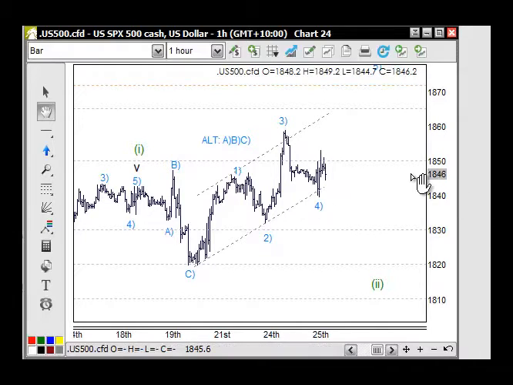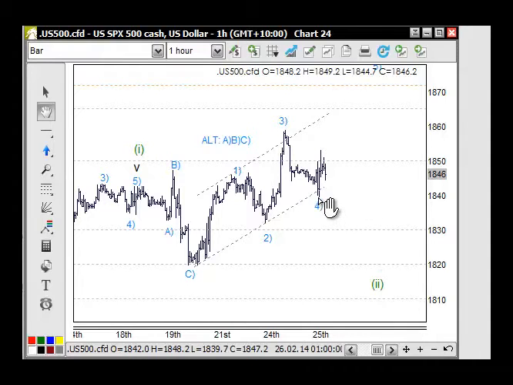If the 1850 becomes a retested support here, then we have to look to the upside. Otherwise, a break of this low here at 1840, then we'd have to look further to the downside in terms of down for 1, back for 2, 3, 4, and 5, down through to here. So it's in a weak spot, put it that way.